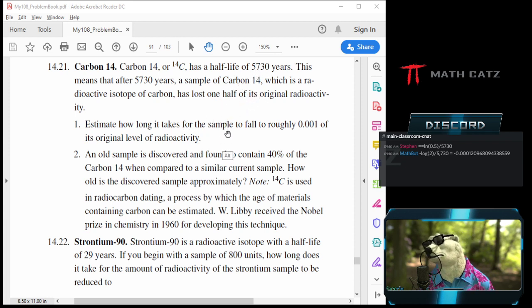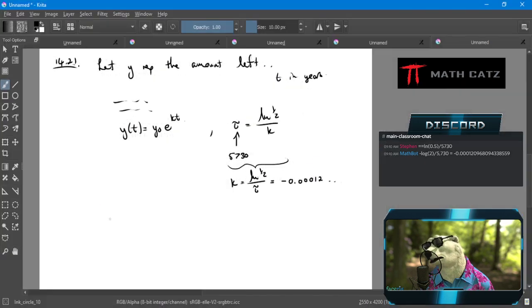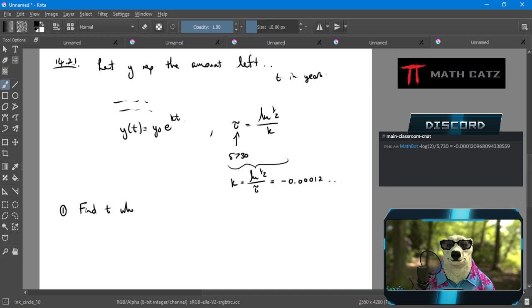How long would it take for a sample to fall to roughly 0.001 of its original level? So now for number 1, we want to find t when my function is 0.001 of its original amount.